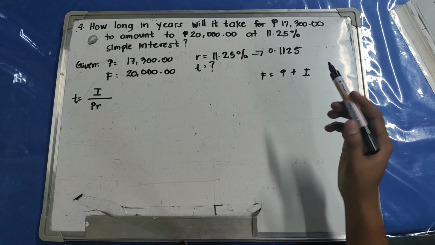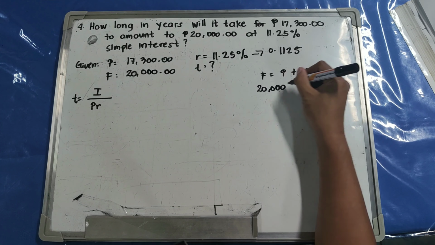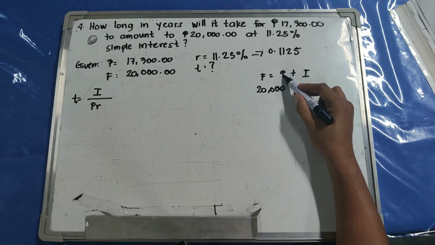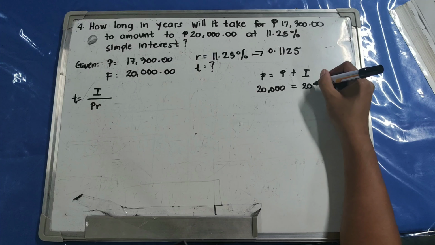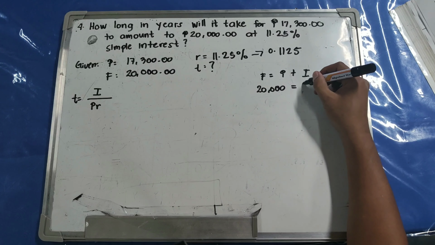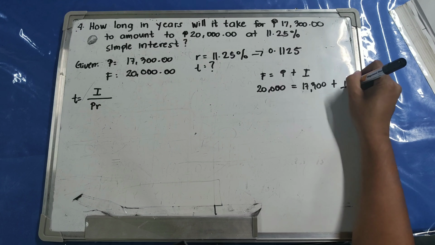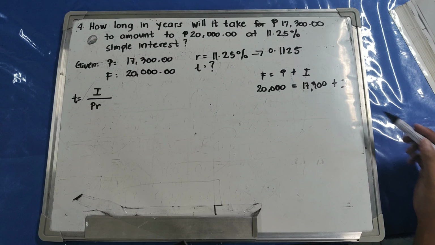Our future value here is 20,000, which is equal to our principal. Our principal is, no, our principal is 17,300. Then we don't have the given for the interest.